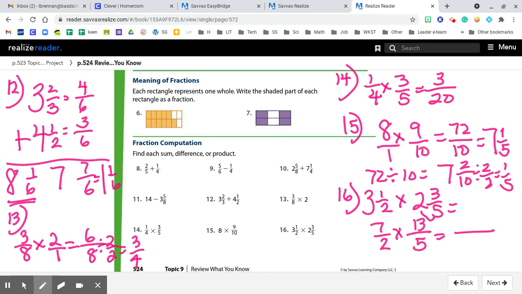I know 7 times 10 is 70, and 7 times 3 is 21. So I'm going to have 91 over 10, which will reduce to 9 and 1/10. I used the distributive property here, 7 times 10 is 70, and 7 times 3 is 21, to actually multiply that in my head. But you can also do the algorithm off to the side, which is fine. So that was number 16. And that is the preview for topic 9.